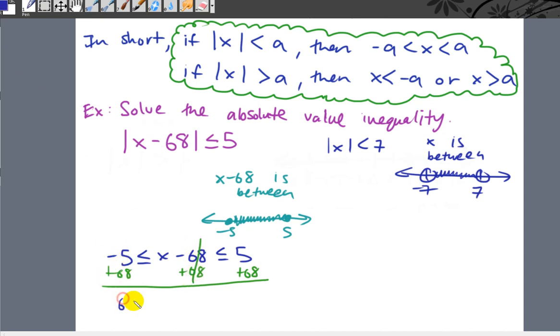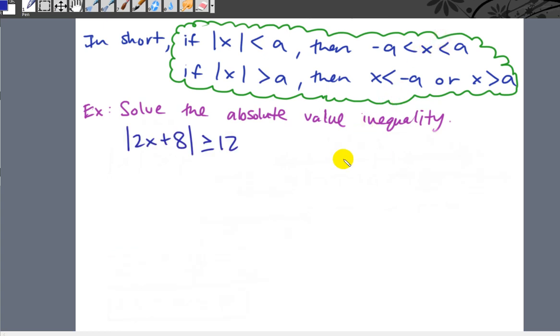Negative 5 plus 68 is 63, so 63 is less than or equal to x, and less than or equal to 5 plus 68, which is 73. That is how you would solve this inequality. x has to be between 63 and 73. Now I'm going to show you another example.